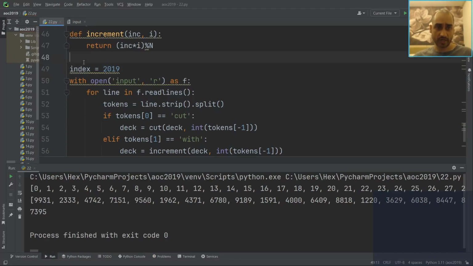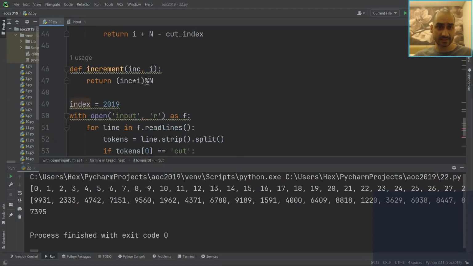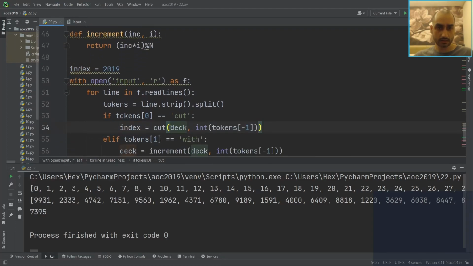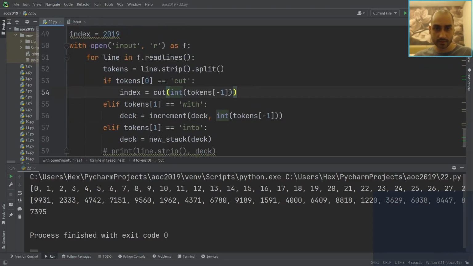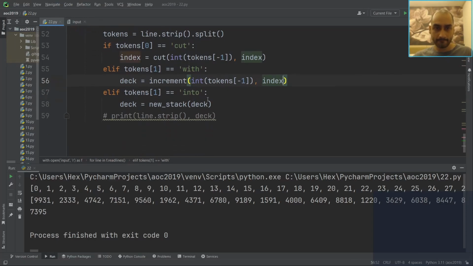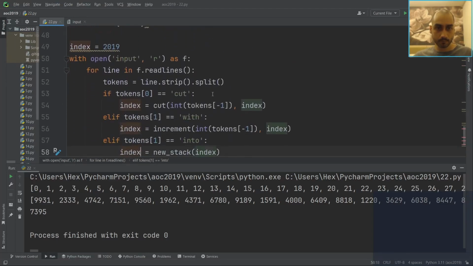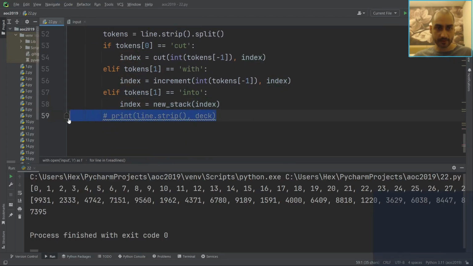We want to keep track of where that index goes. So if it's cut, we replace index with cut of the amount and our past index to get the new index. Increment, we do the same. Okay. Then afterwards we just print index.